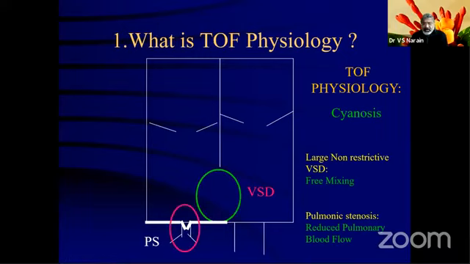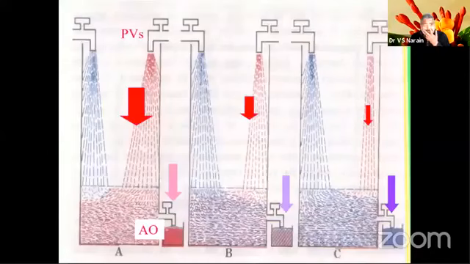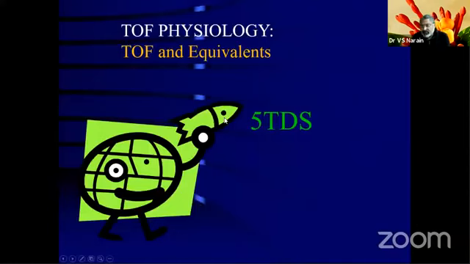And you have a severe reduction of pulmonary blood flow, whether at the level of the valve or below the valve, or a combination of the two. So this is tetralogy physiology. Now, we've already shown this diagram that in tetralogy physiologies, the amount of pulmonary blood flow determines the amount of cyanosis. So there's no point in repeating that.